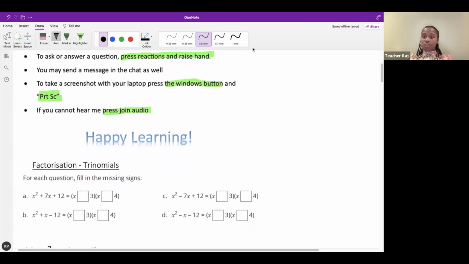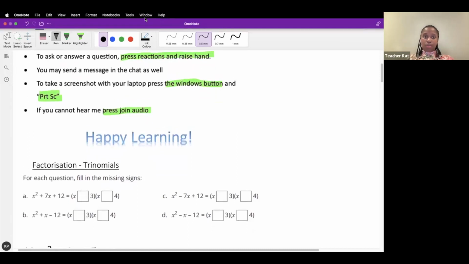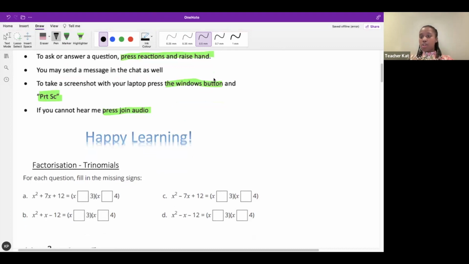Trinomials. Let's start with what a trinomial is. What is a trinomial, guys? In the first algebraic expression lesson, we went through definitions. So let's start with what a trinomial is. Does anyone remember what a trinomial is? It's an expression with how many terms?